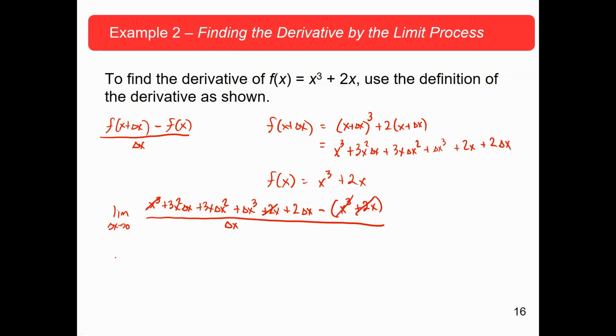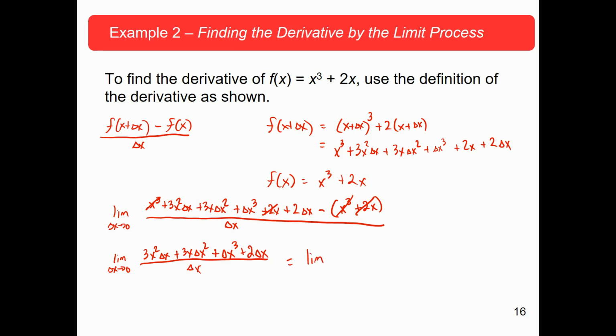So now what we have is the limit as delta x approaches 0 of 3x squared delta x plus 3x delta x squared plus delta x cubed plus 2 delta x all over delta x. So we factor out our delta x.